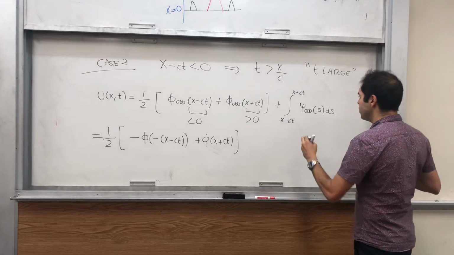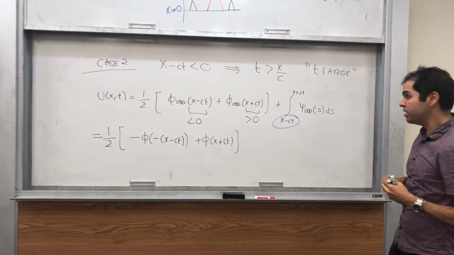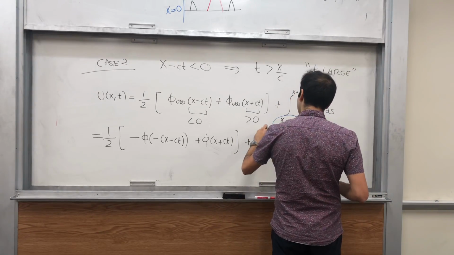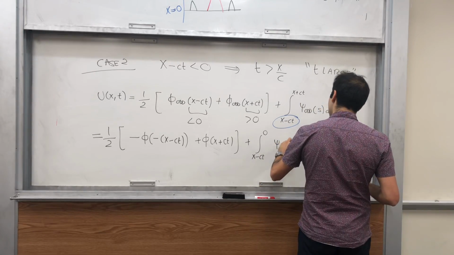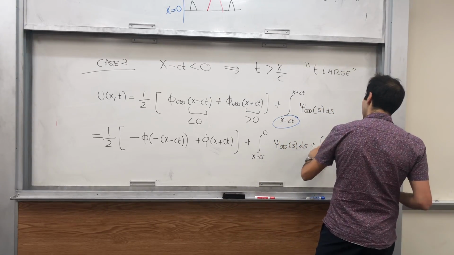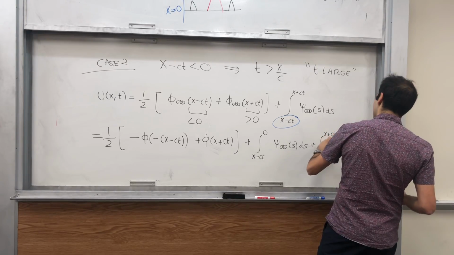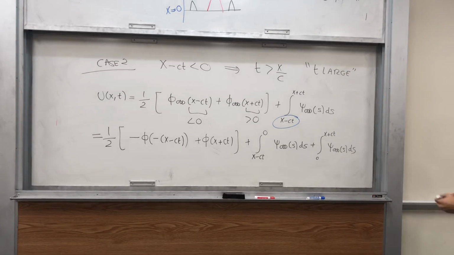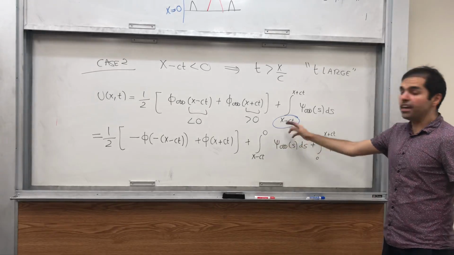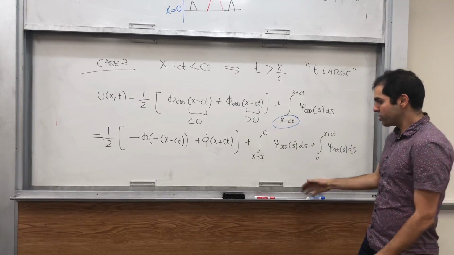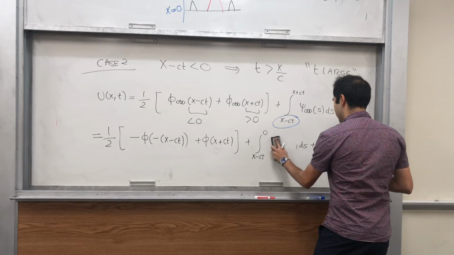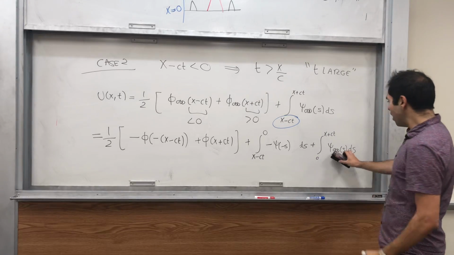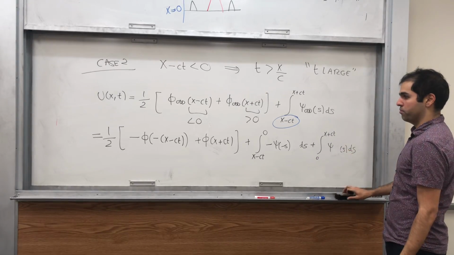And again, we have something new here. This becomes negative, so it's best to just split it up: integral from x minus ct to 0 of psi odd of s ds plus integral from 0 to x plus ct of psi odd of s ds. Now, on this negative interval, psi odd is just minus psi of minus s. On this positive interval, psi odd is just psi.